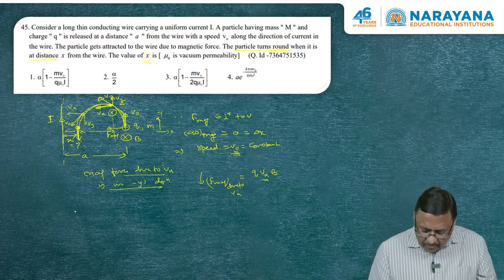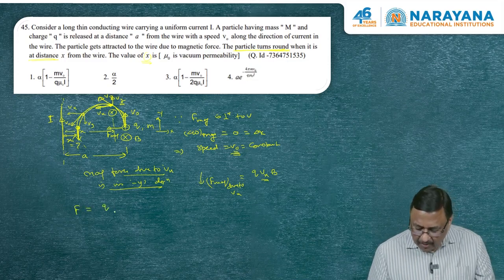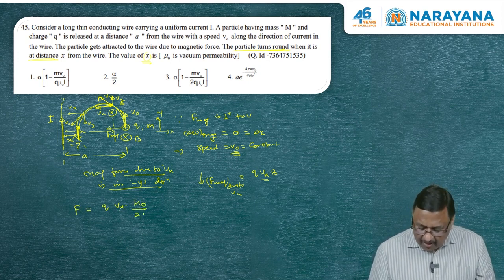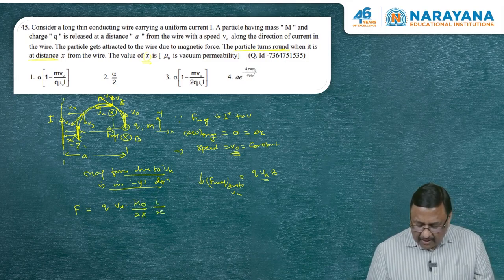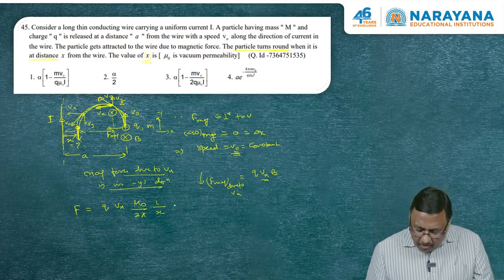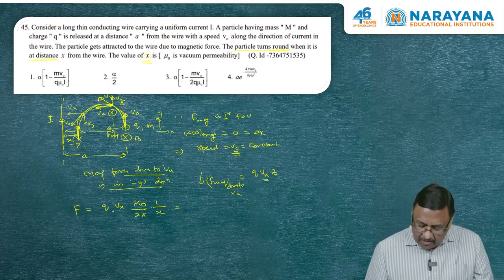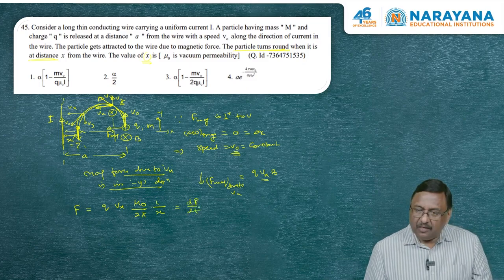What is F value? You know, F is equal to Q Vx B. B at this position, due to an infinitely long wire, is mu 0 upon 2 pi, this is I divided by x. We know by definition this force is because of my velocity Vx acting in the downward direction. So I can write now F is equal to this value, and this is going to be nothing but dp divided by dt.